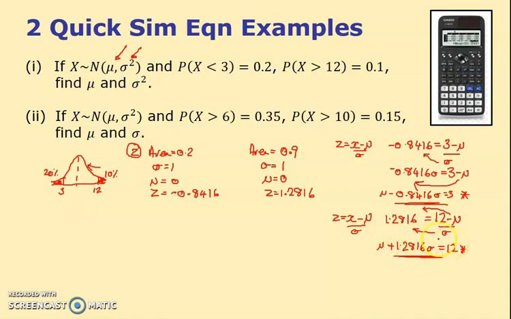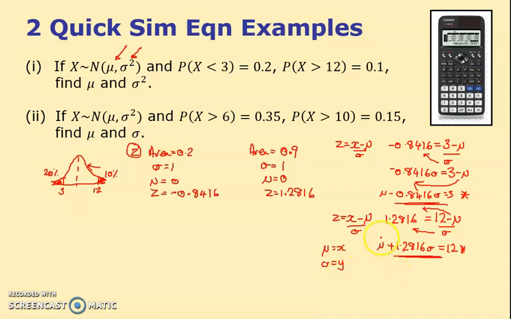Now I pretend my mu is like an x, and I pretend my sigma is like a y, and I press menu on my calculator and I go down to A, and I'm able to solve simultaneous equations. So using my simultaneous equation solver, I now press menu A and then 1 for simultaneous equations. There are 2 unknowns, and it says how many x, how many y, what's the number.